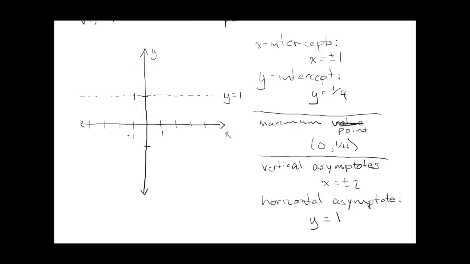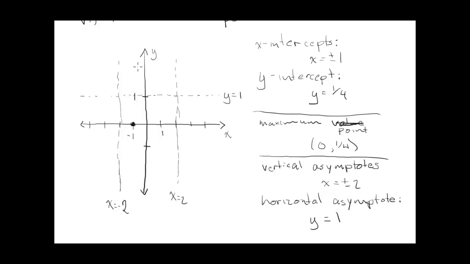At x equals 2, I have a vertical asymptote. At x equals minus 2, I have a vertical asymptote.